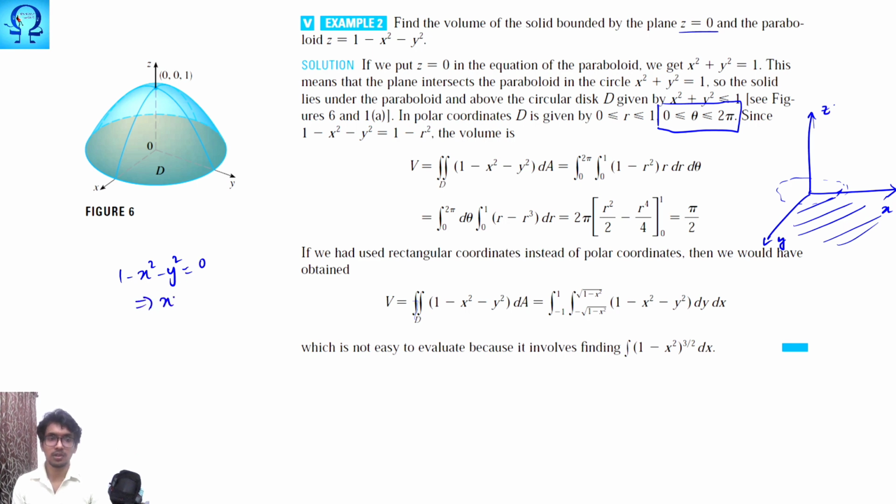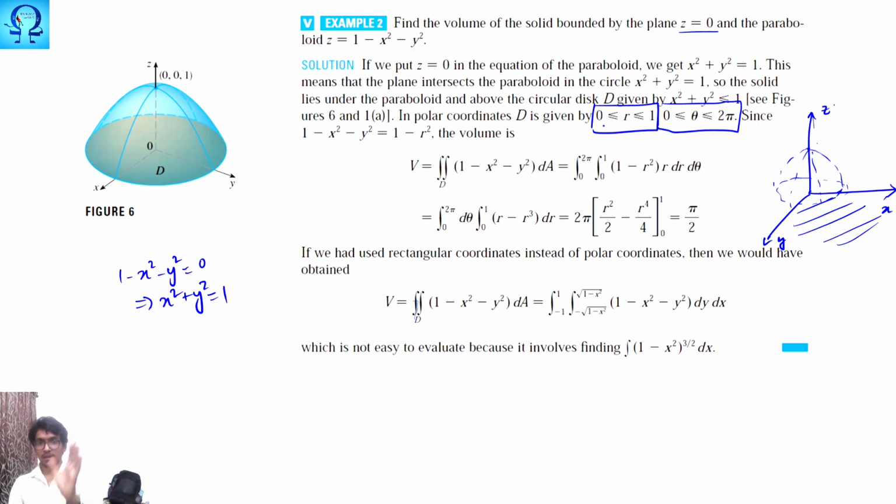This very well tells you that your x square plus y squared is 1. So it is coming from here. So here the value, it is a single point. So here the value is going to be 0. To the maximum it is coming till 1. So it means what? Your r value lies between 0 and 1.